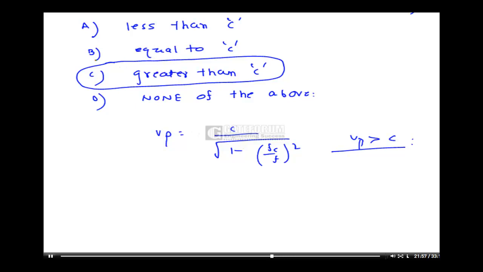In a waveguide, the energy or the wave does not travel with the phase velocity. It travels with the group velocity, which is less than the speed of light. This is a very good concept of waveguides. So the option for this question is clearly C.